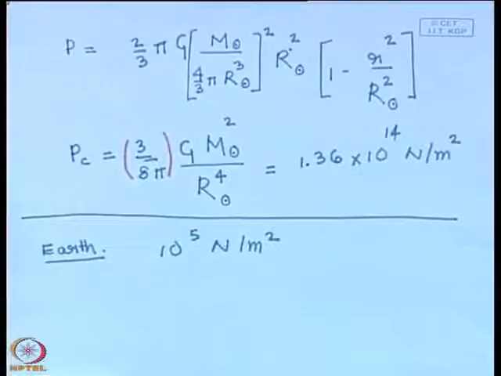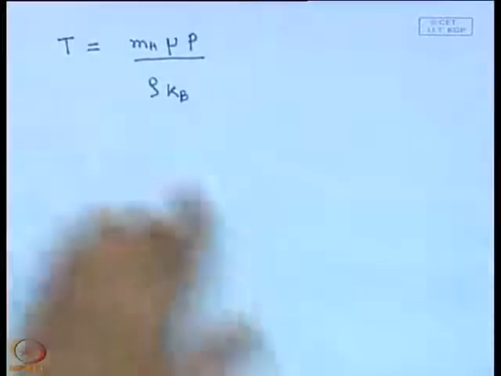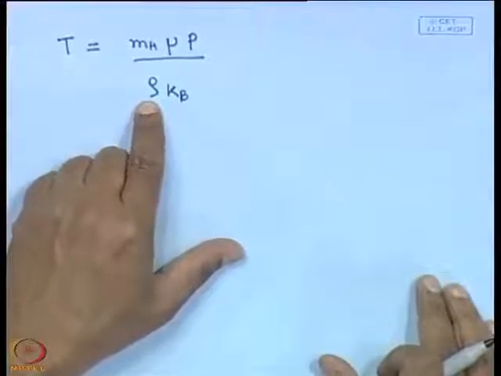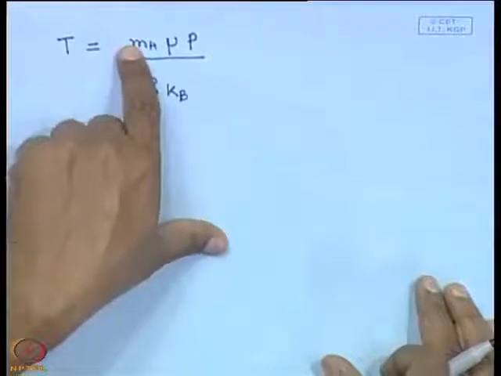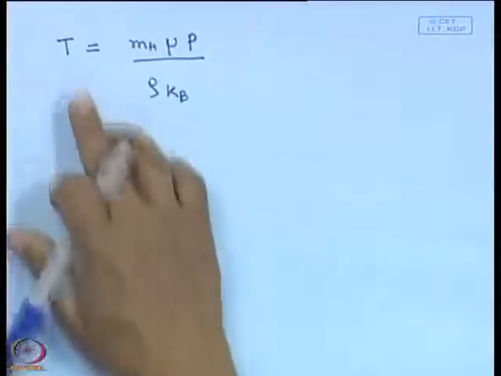So you put in the values. We know the density, we have just estimated it, 1.4 grams per cc. You know the Boltzmann constant, the mass of the hydrogen atom, and here you put half. Put in all of these factors, and you get the temperature.